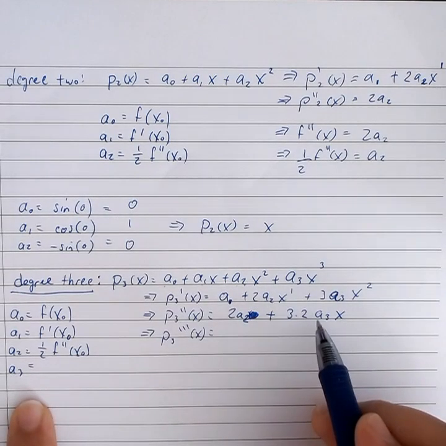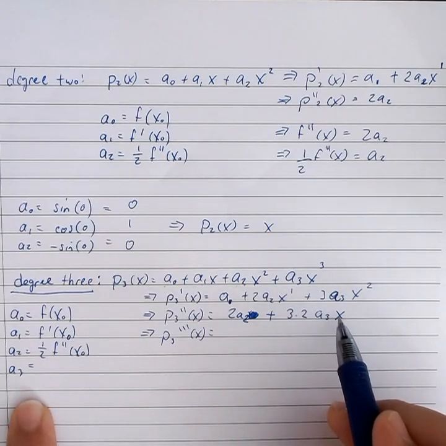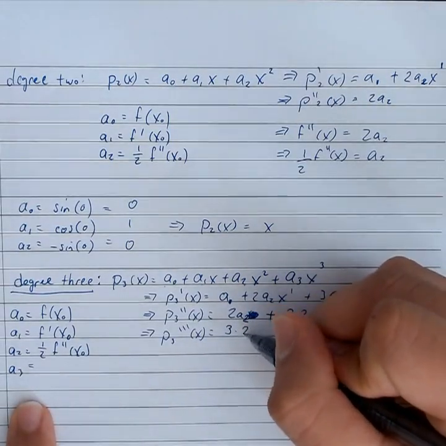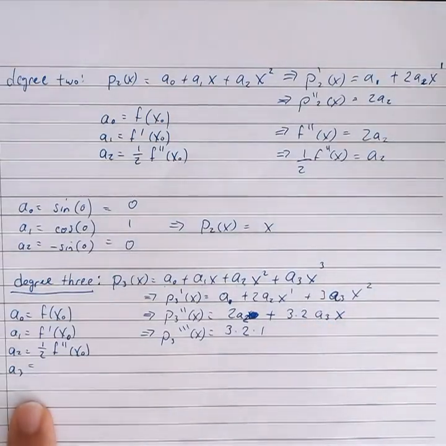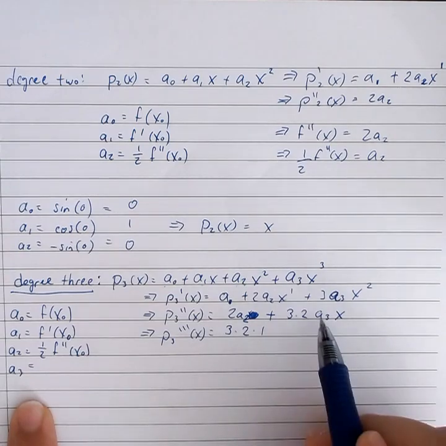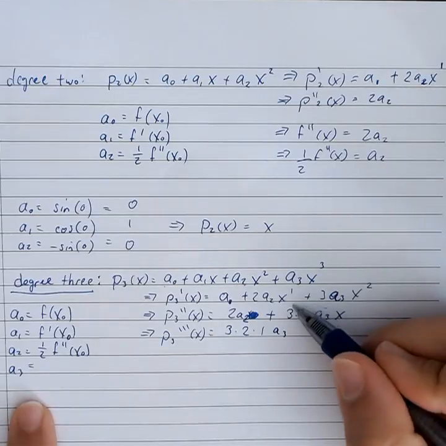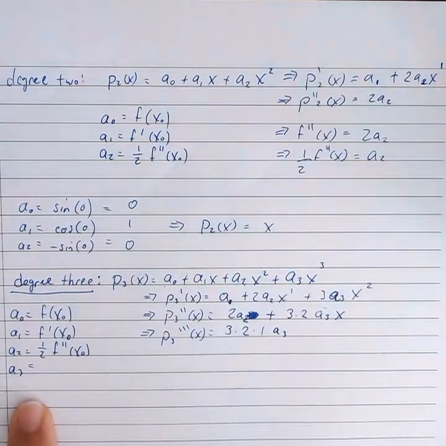Okay, and now the derivative of this, well, this is the derivative of a number times x, which will just give me that number. So that's 3 times 2. Here I'm going to write it as 3 times 2 times 1, which doesn't change anything, right? 3 times 2 is the same as 3 times 2 times 1, times a sub 3. Here, that's a constant, and the derivative of a constant times x is just that constant.